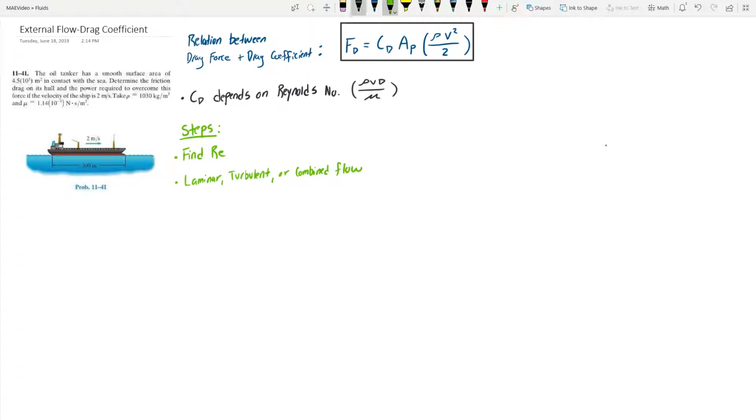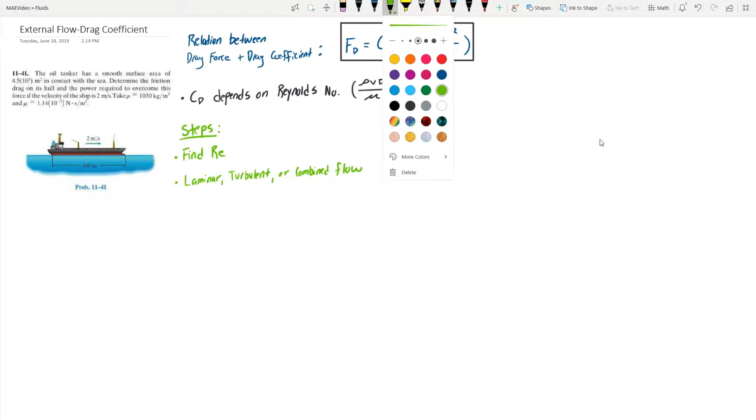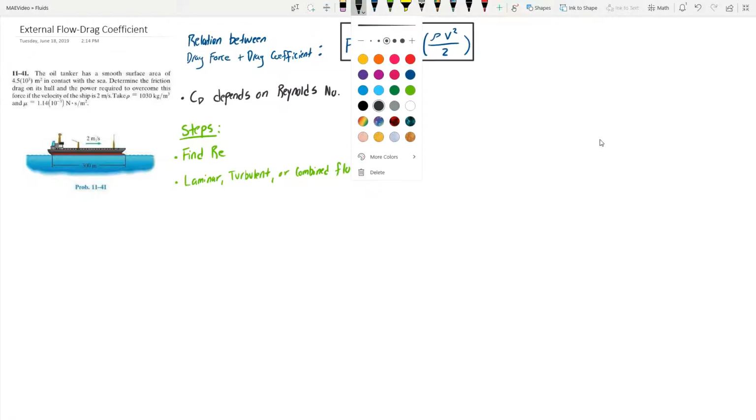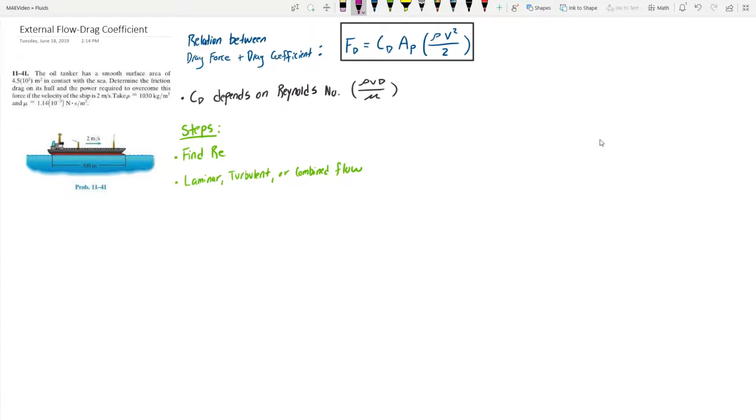In order to determine whether this is laminar, turbulent, or a combination of the two flows, we're going to have to figure out what the Reynolds number is. So typically, what we do is we call these transition Reynolds numbers.